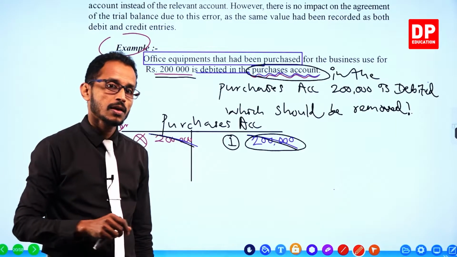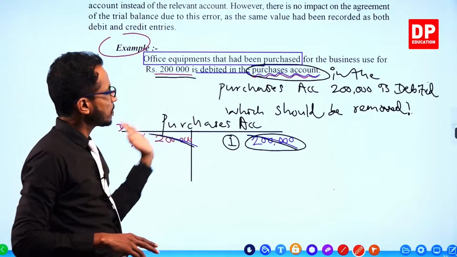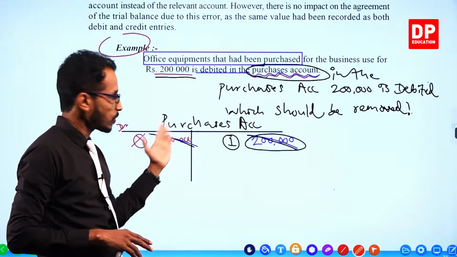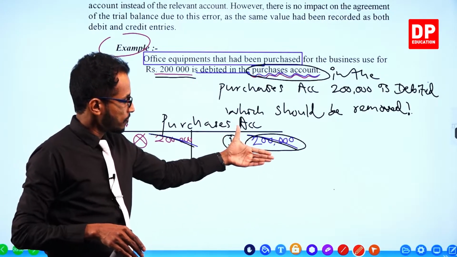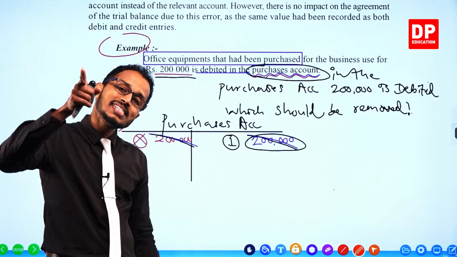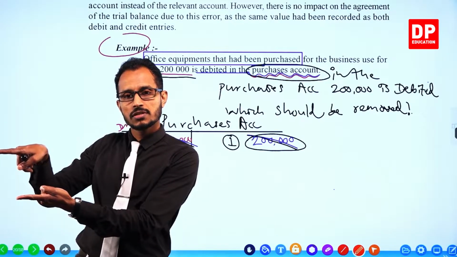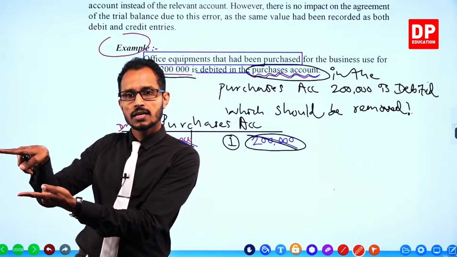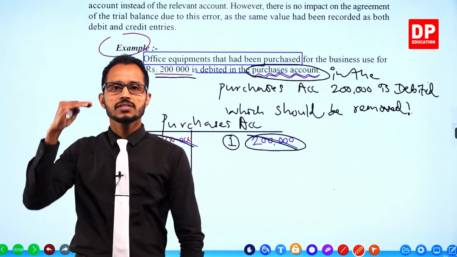Think. Children, if this office equipments are not recorded in the purchases account, now it is cancelled off. But there should be a separate entry to record office equipment, the new office equipments or the increase in office equipments.